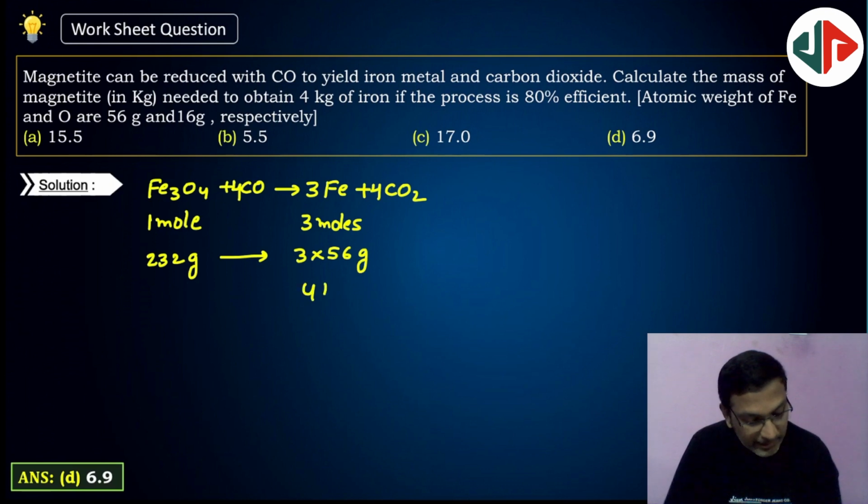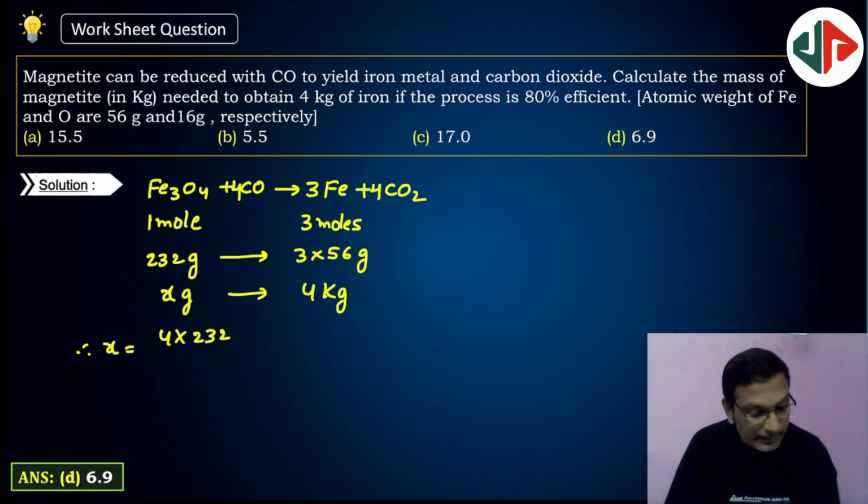Therefore 4 kg of iron will be obtained from, say, X kg. Therefore X equals 4 into 232 by 3 into 56. We'll get the value as 5.52 kg if it is 100%.